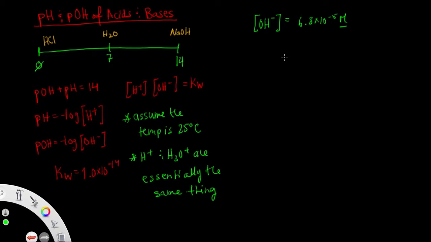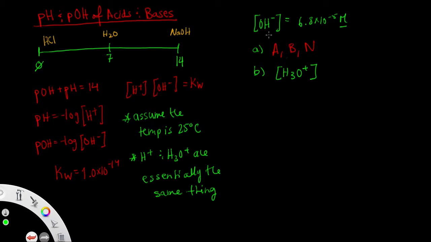And we're asked, A, to find whether the solution is acidic, basic, or neutral. And B, calculate the hydronium concentration. Because they ask for hydronium, we'll say hydronium here. Calculate the hydronium concentration.